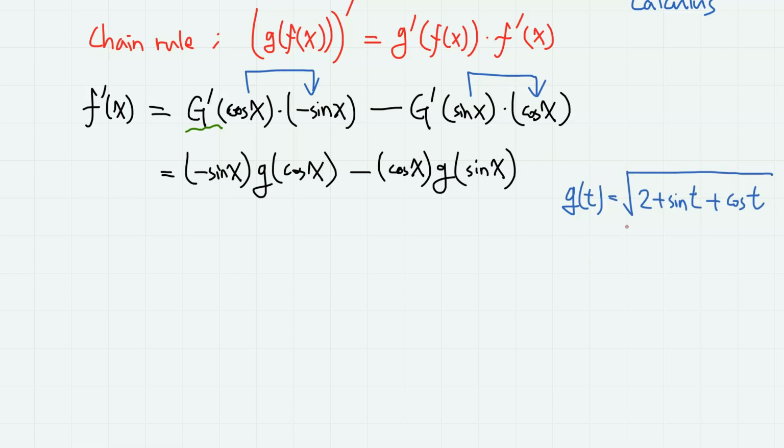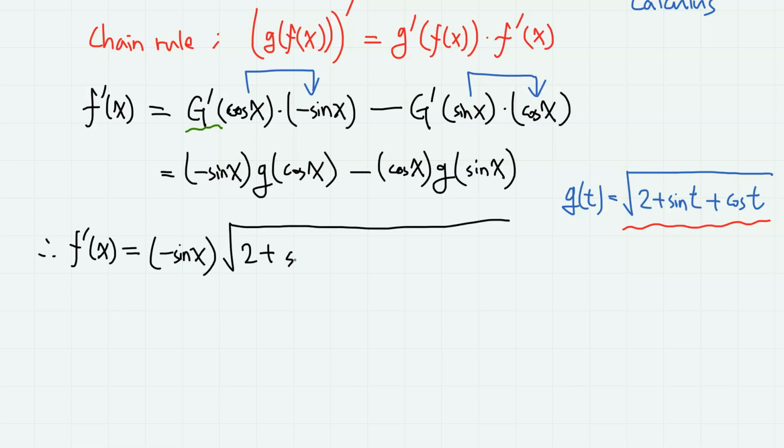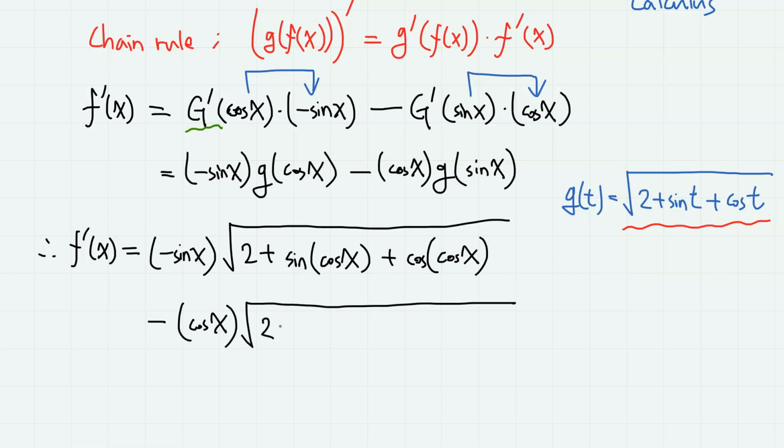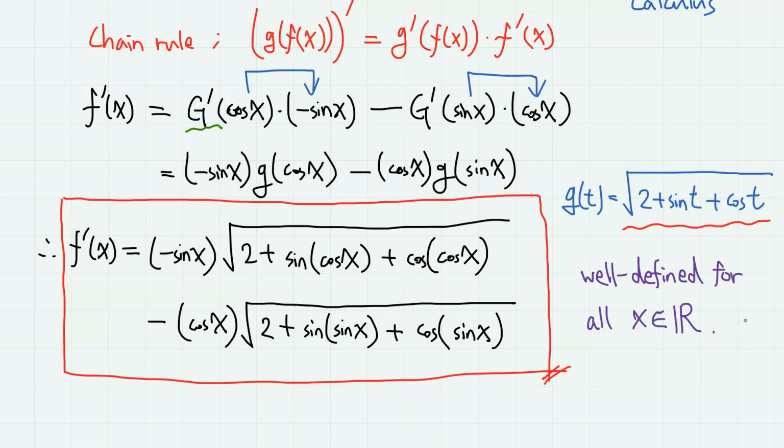And since g(t) was defined as this, the derivative is minus sine x times the square root of 2 plus sine of cosine x plus cosine of cosine x, minus cosine x times the square root of 2 plus sine of sine x plus cosine of sine x, which is also well defined for all real numbers x.